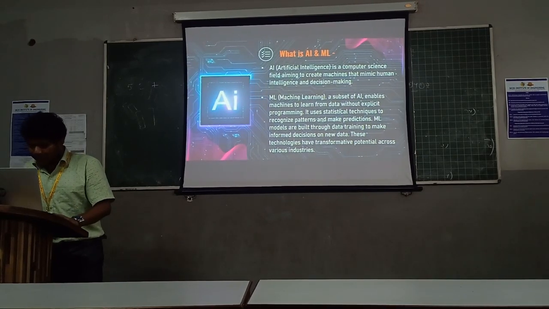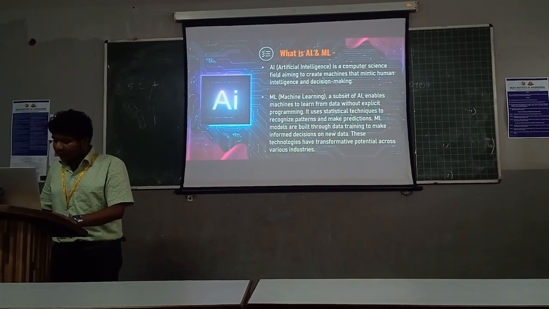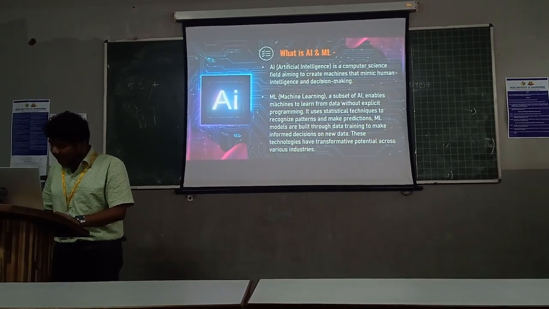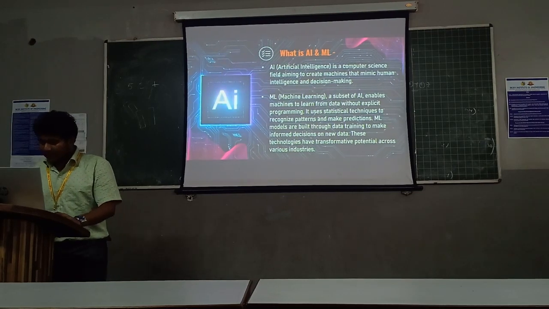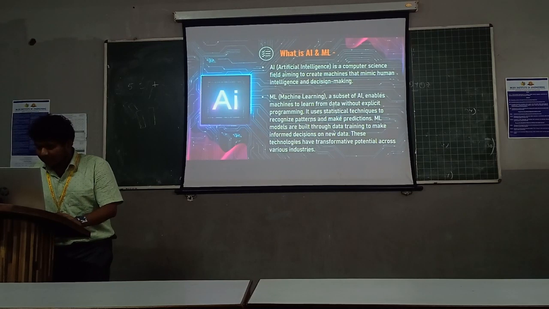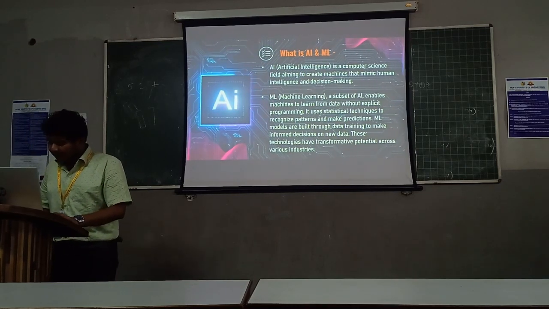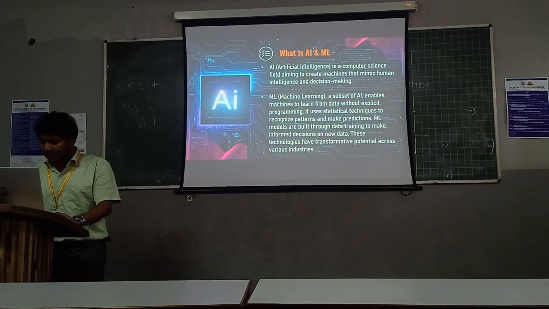Whereas machine learning, a subset of AI, enables machines to learn from data without explicit programming. It uses statistical techniques to recognize patterns and make predictions. ML models are built through data training to make informed decisions on new data. These technologies have transformative potential across various industries.